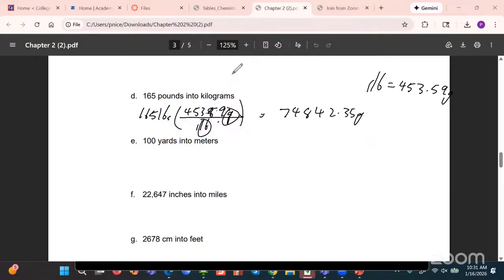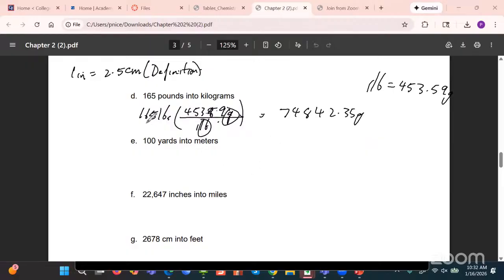There's one exception, the relationship between the inch and the centimeter, because this is a defined unit, so these numbers are exact and have an infinite number of significant digits. In the case of other relationships between metric and non-metric, you have to take the significant digits into account because they're not defined.